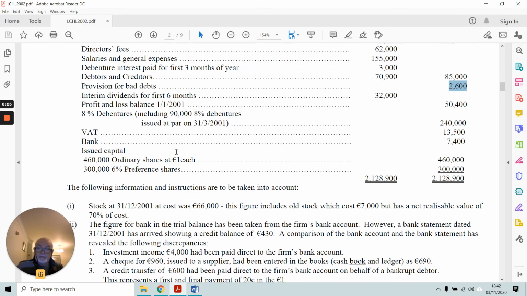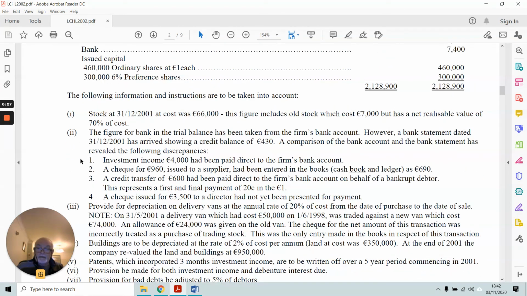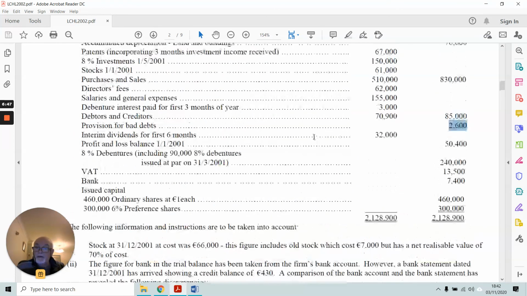The final adjustment then in relation to the bank is number 4. A cheque issued for 3,500 to a director hadn't been presented for payment. Now time is going to take care of that. We won't change what we've done. We have credited our bank. We've paid 3,500 out of our bank account for directors' fees, or whatever it's for, directors' salaries.